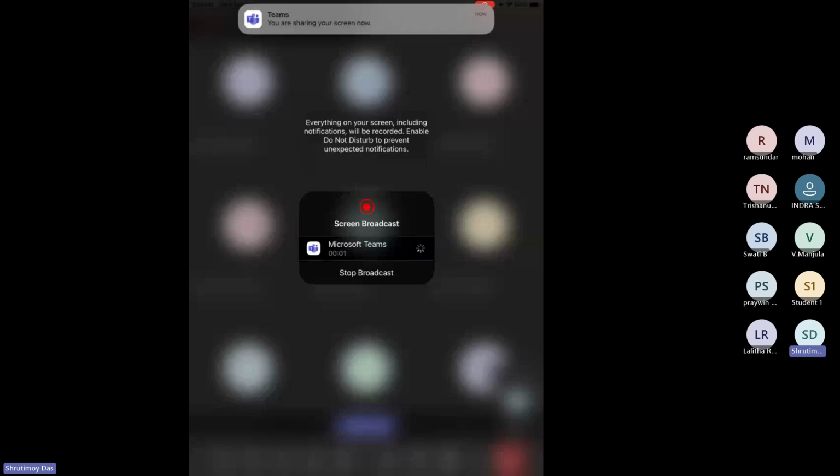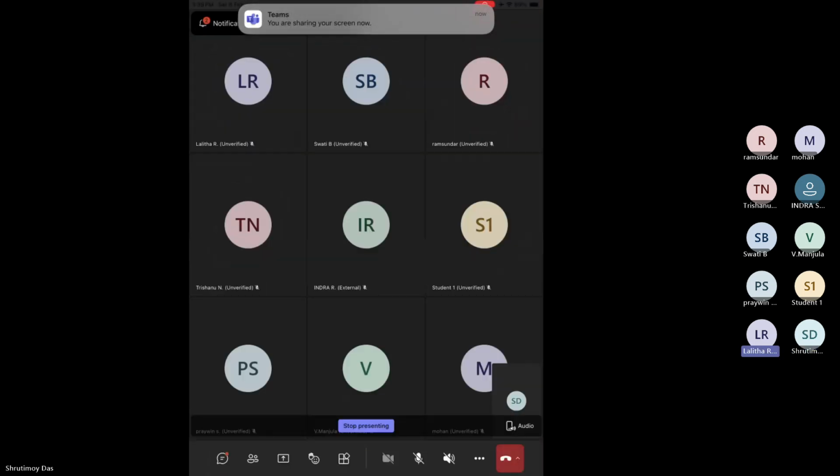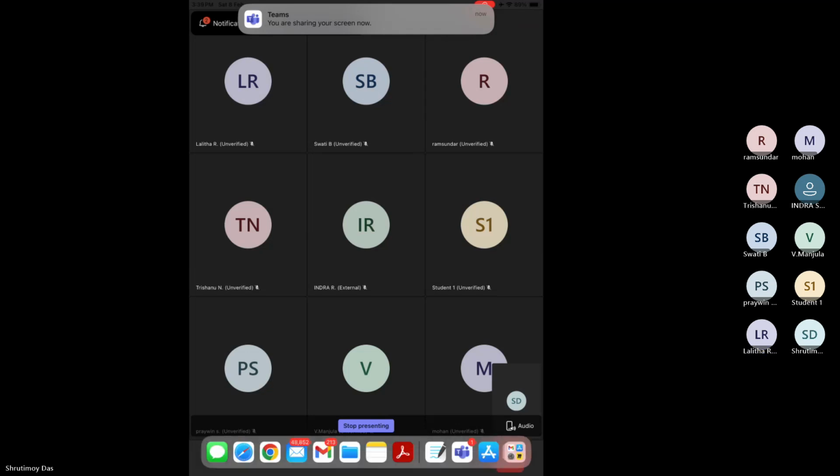Some of you are able to see it, but others cannot. Maybe there is some connectivity issue.